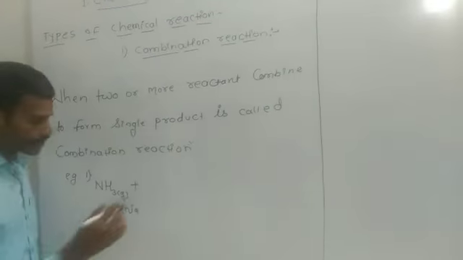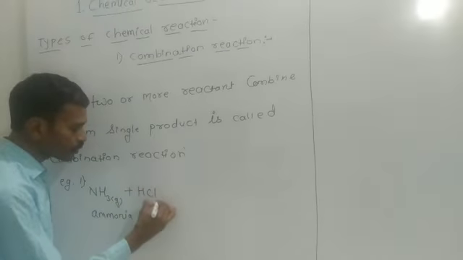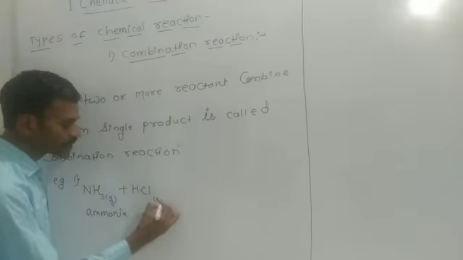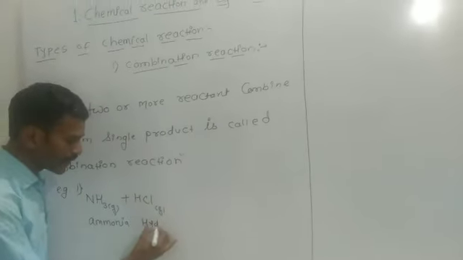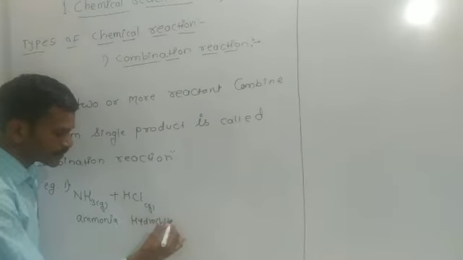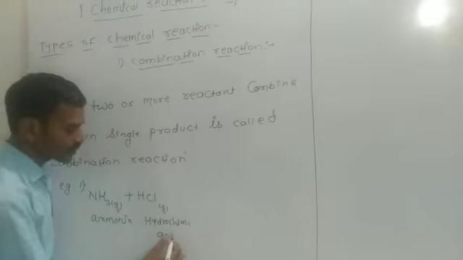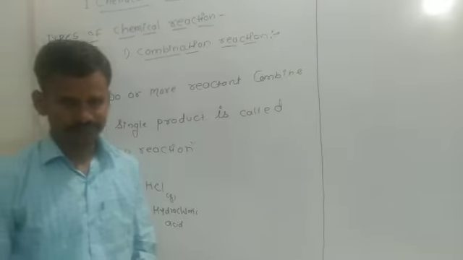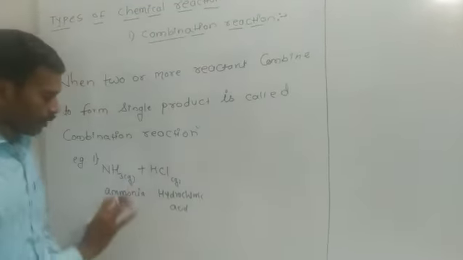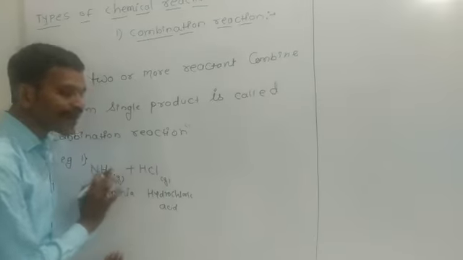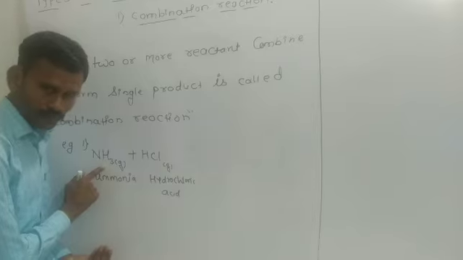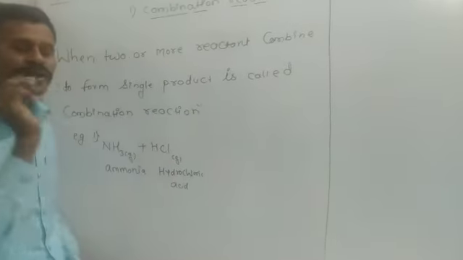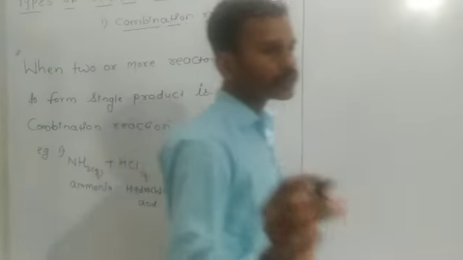Again, the hydrochloric acid, hydrogen chloride or hydrochloric acid, is also in the gaseous state. These are the two reactants: ammonia is a reactant, and hydrochloric acid is also a reactant.